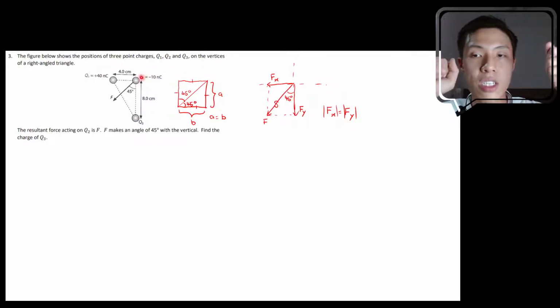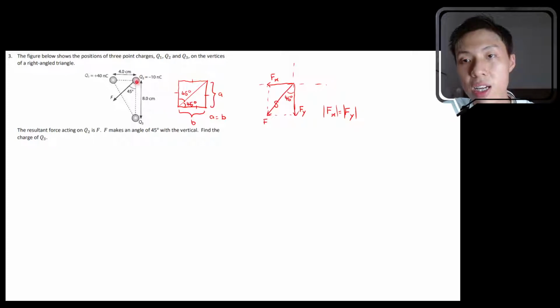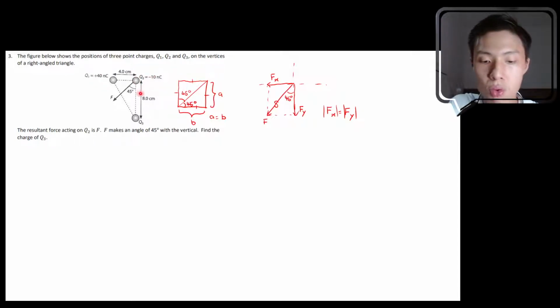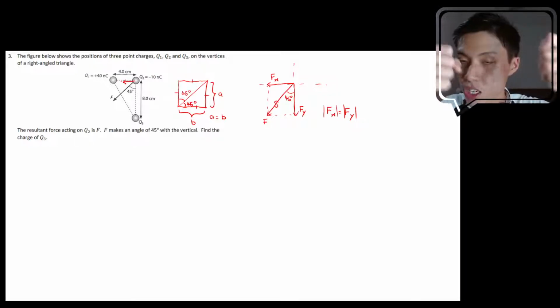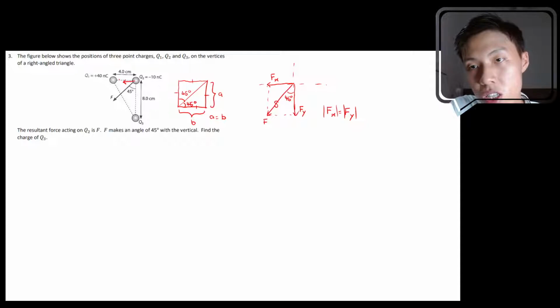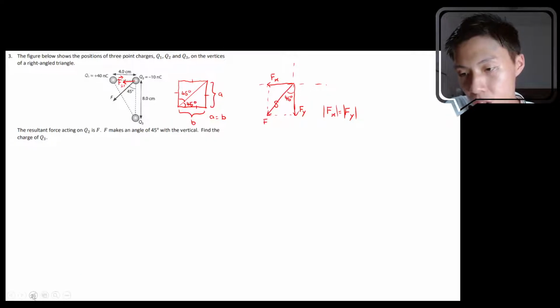Since they're opposite charges, they should attract each other. The force exerted by Q1 on Q2 will be pointing towards this direction, since they want to attract each other. So this is F12, exerted by charge 1 on charge 2.